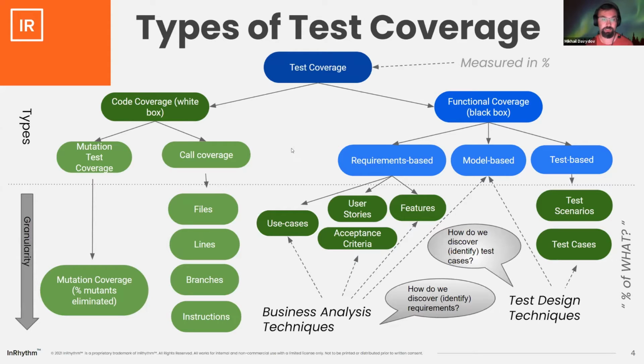It is basically that you run all the automated tests that you have, and you are checking if all the source code lines in the application have been called, and the percentage of those lines or files or branches of code, or maybe individual assembler instructions. So this is what is called the code coverage.